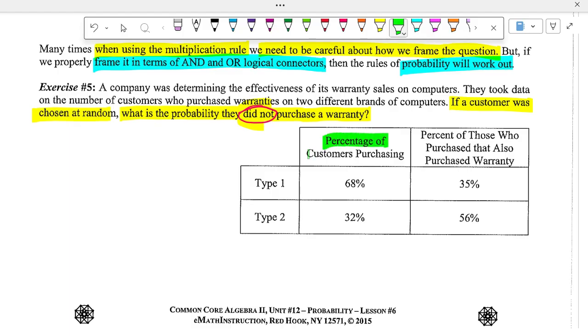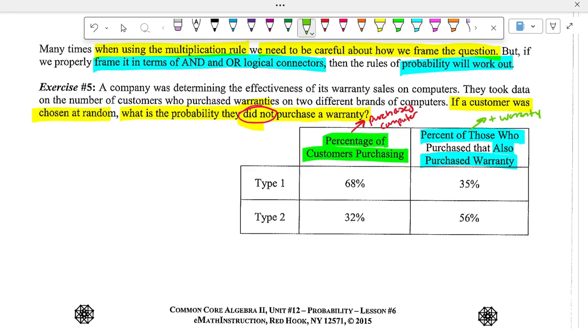This is the percent of customers who are purchasing a computer. This one is the percent who purchased a computer that also purchased the warranty. So these people added on the warranty.